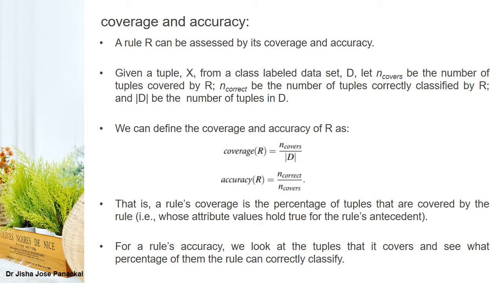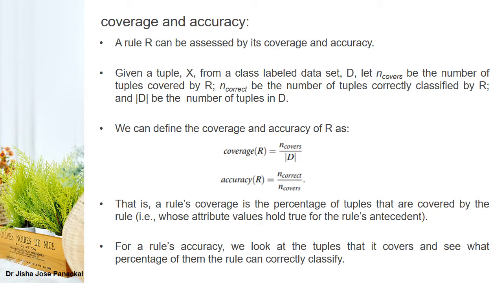Given a tuple X from a class-labeled dataset D, let n_covers be the number of tuples covered by that particular rule, n_correct be the number of tuples correctly classified by this rule, and |D| be the number of tuples in D, that is, the total number of tuples in the dataset. We can define the coverage and accuracy of rule R using the following equations.